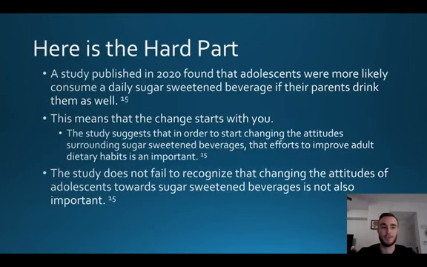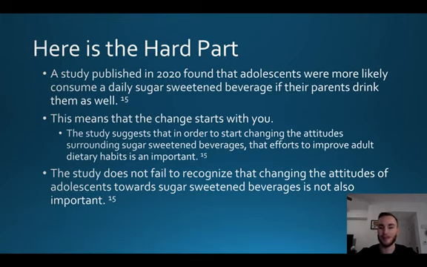So as it turns out, trying to get involved in PTA and that sort of thing is not actually the hard part about this project. The hard part is that a study published in 2019 in the American Journal of Health Promotion actually found that adolescents were more likely to consume a sugar-sweetened beverage every day if their parents did as well.